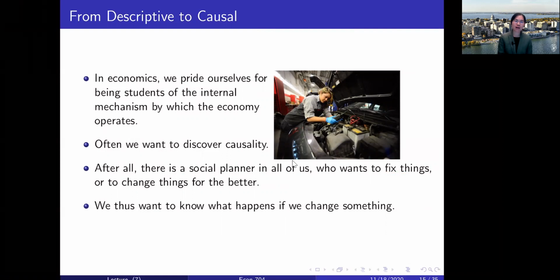And those will require us to learn how the economy actually works. So therefore, we want to know what happens if we change something holding other things constant, and that will require us to learn causal relationship. So in the next video clip, we'll start our discussion of causal estimation.